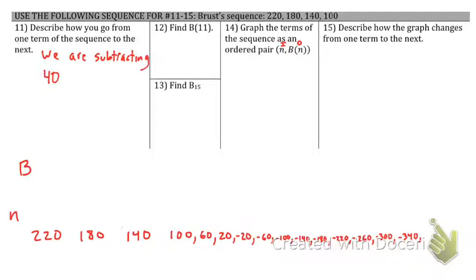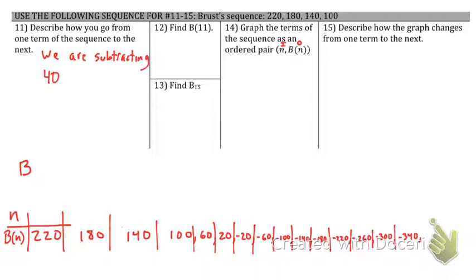So our input is N, and our output is B of N. Okay, so if you think about this input-output table, it would look like this. And this is function format. And this is what we got to get used to because we're going to deal a lot with functions. Essentially we're making an input-output table. So I know it's not the best, but it'll work.